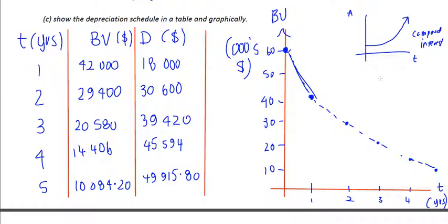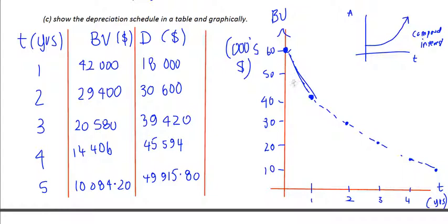What we have is not a linear relationship, but rather a curved one, it's an exponential decay really. What we've got is the book value over time decreasing, yes, but it's not decreasing at the same rate, is it? Well, the rate is constant, but the amount of depreciation is actually reducing over time.